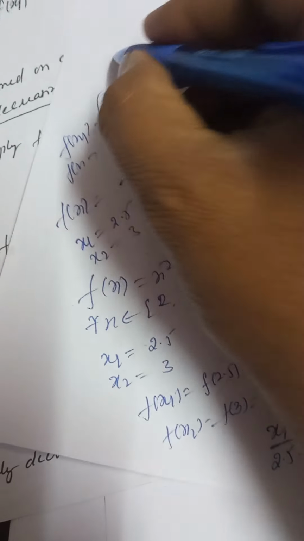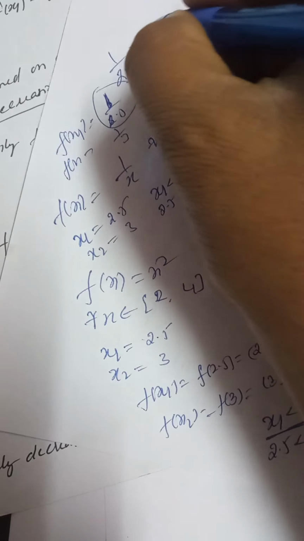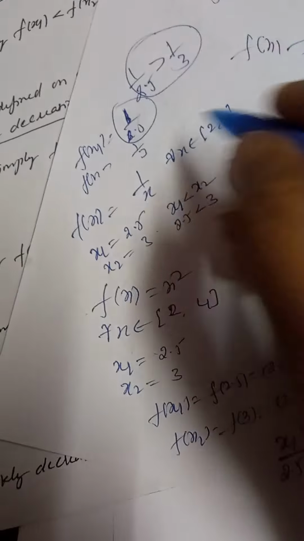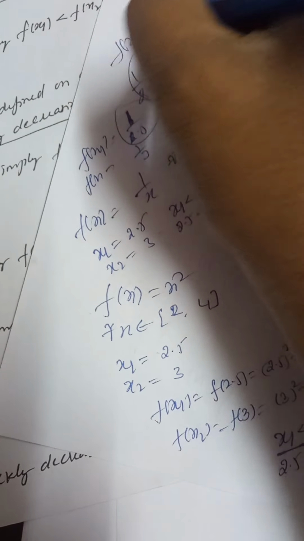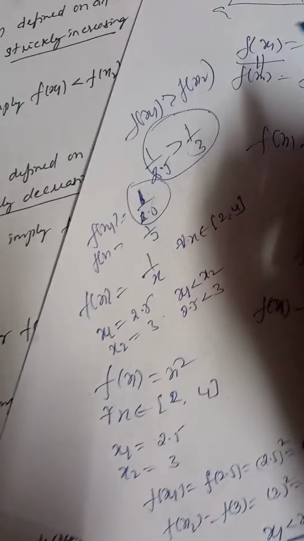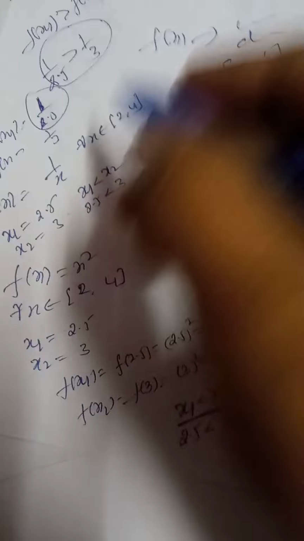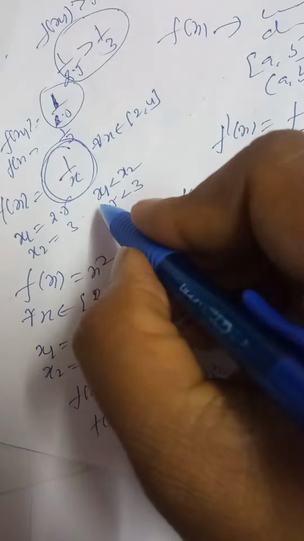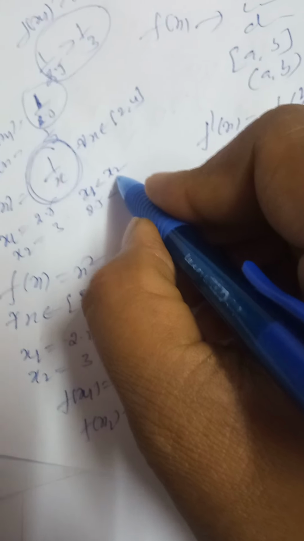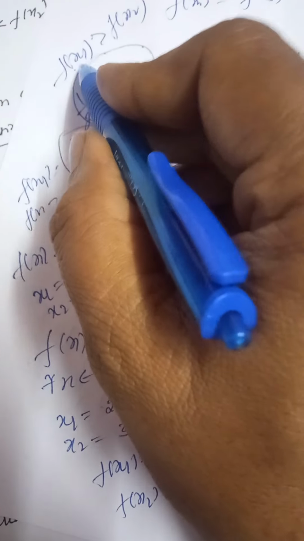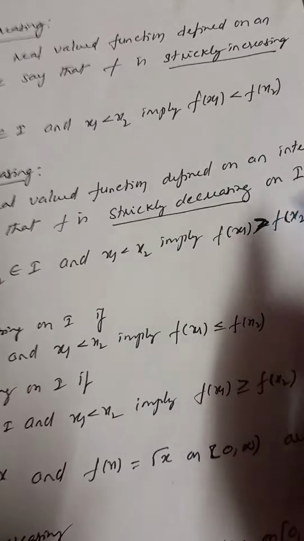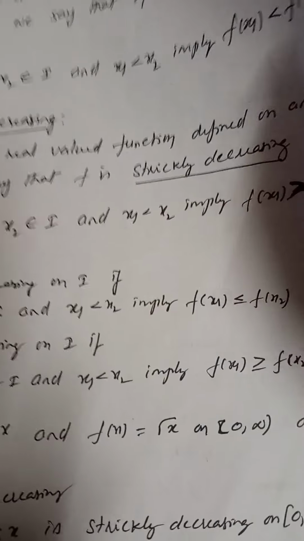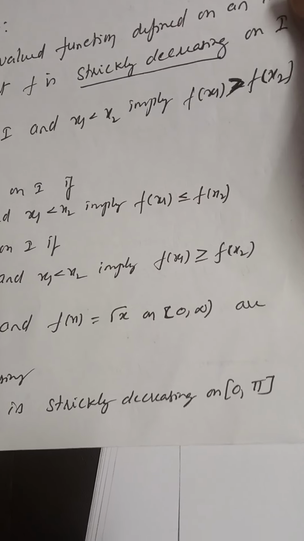Now compare: 1 by 2.5 is greater than 1 by 3, no? That is, f of x1 is greater than f of x2. Therefore, this function is a decreasing function. For x1 less than x2, we are getting f of x1 greater than f of x2. Therefore, the function is said to be a strictly decreasing function.